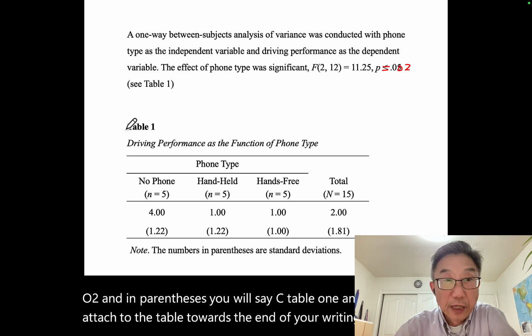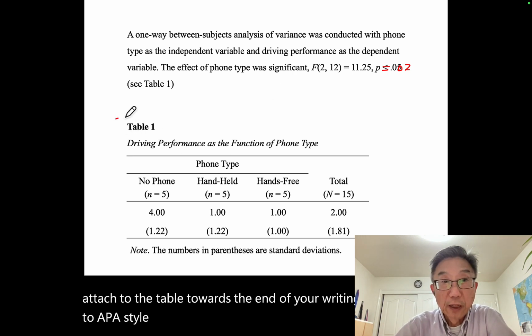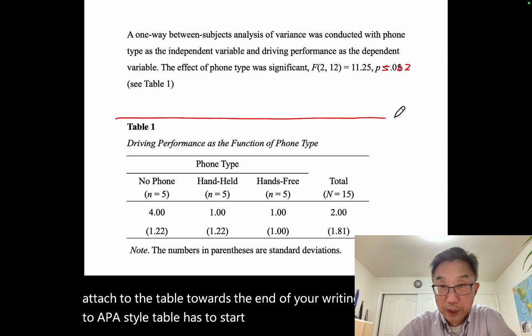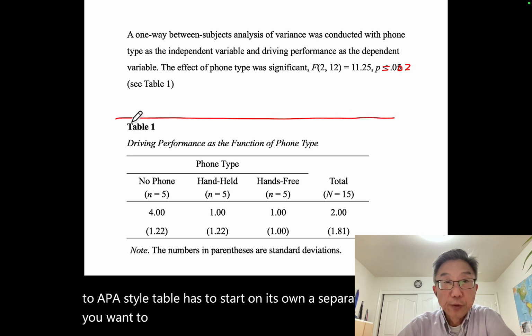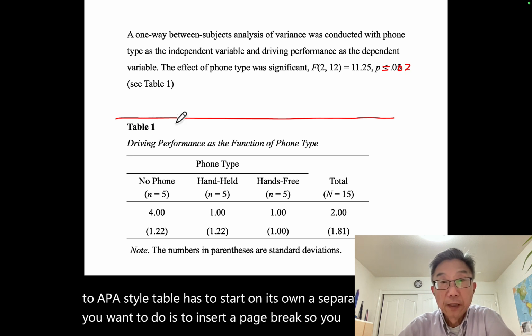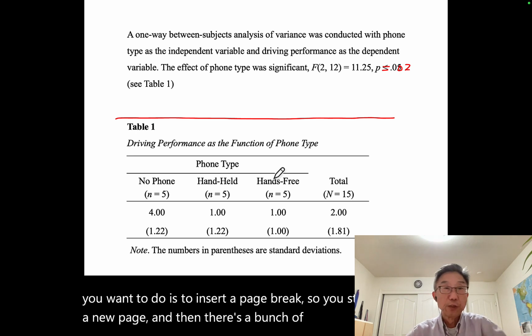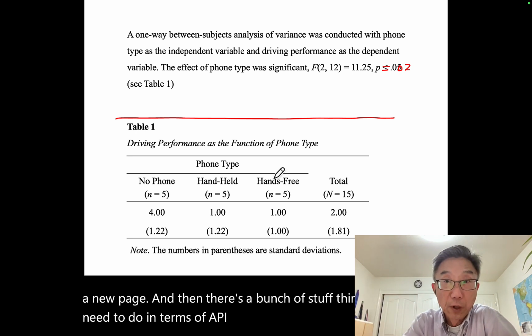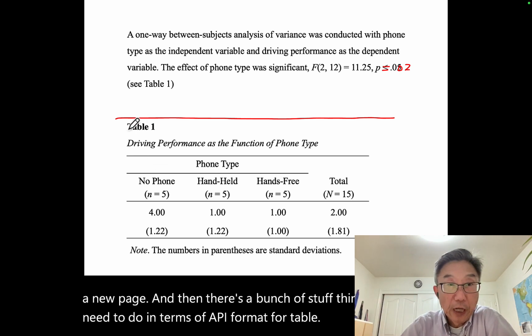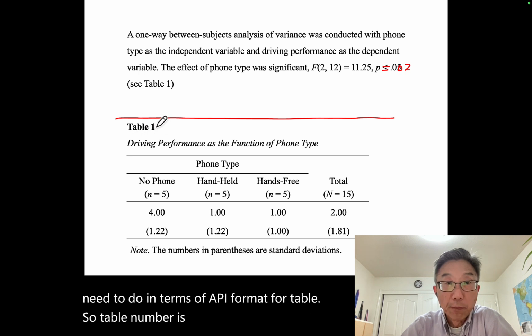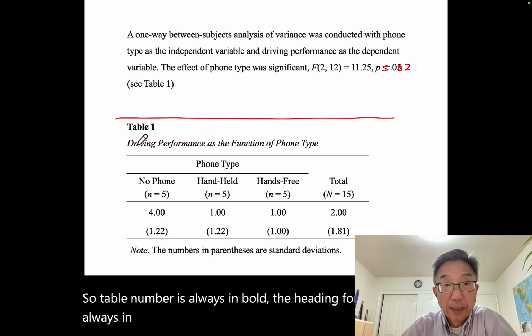And according to APA style, a table has to start on a separate page. So what you want to do is insert a page break. So you start Table 1 on a new page. And then there's a bunch of things that you need to do in terms of APA format for a table. The table number is always in bold. The heading for the table is always in italic, and it's in upper and lower case.